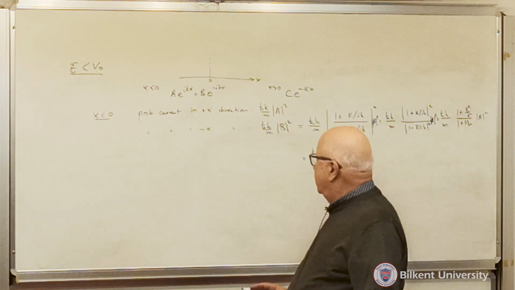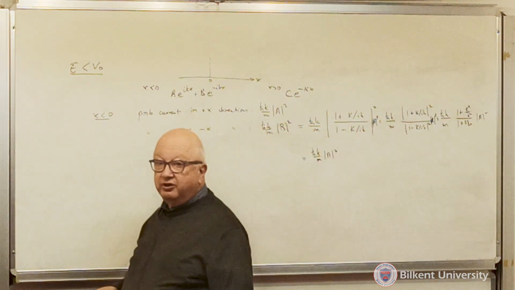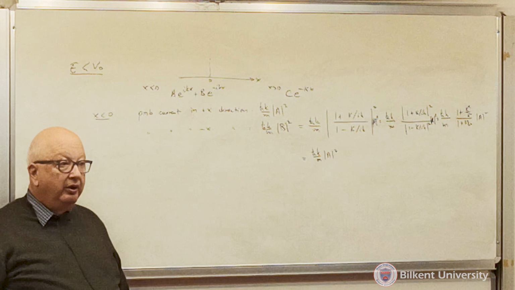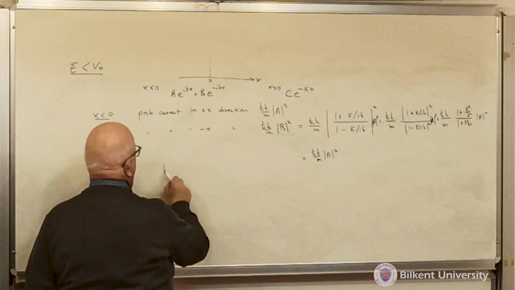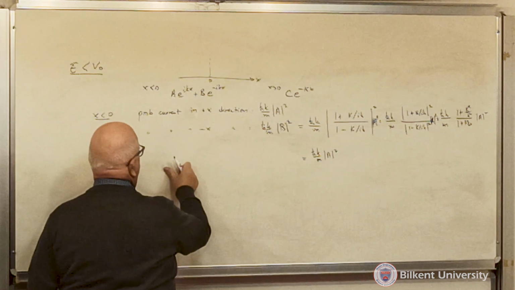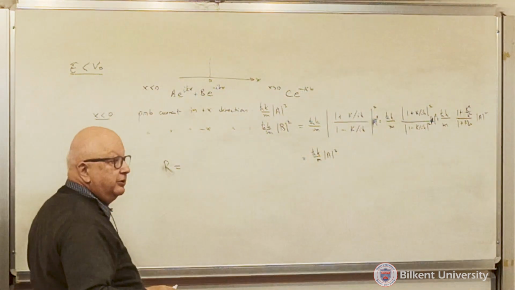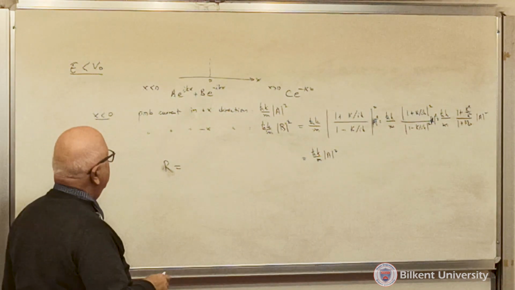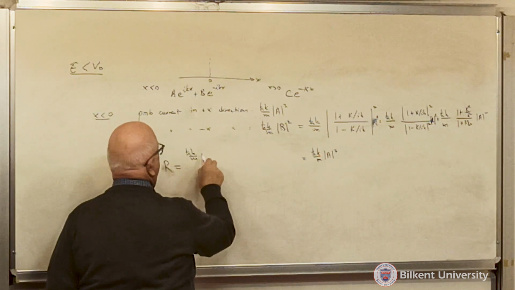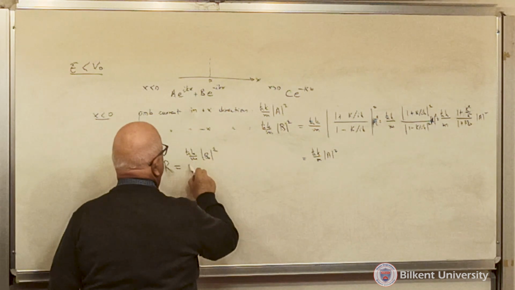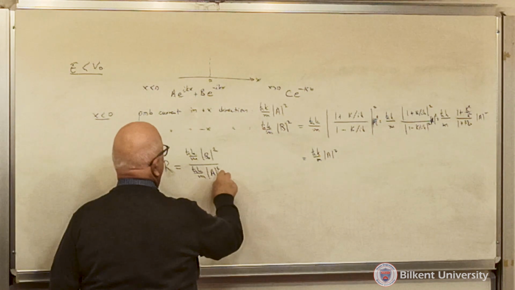So what does that mean? The probability current in the plus x direction and the probability current in the minus x direction are equal to one another. We give this ratio a name. The probability current in the plus x direction divided by the probability current in the minus x direction is h bar k over m b squared divided by h bar k over m a squared.